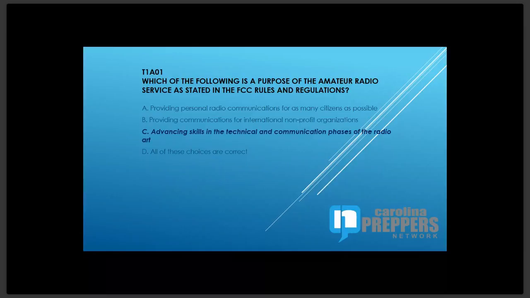And we're not really worried about communications for international nonprofit organizations because you yourself are studying for the exam and you are not a nonprofit organization, so you can cancel out the B. Because it can't be B, it can't be D. All answers are correct, so it has to be C.